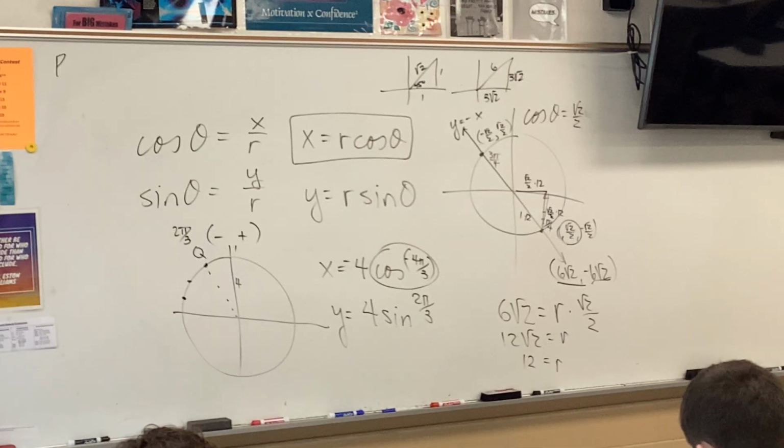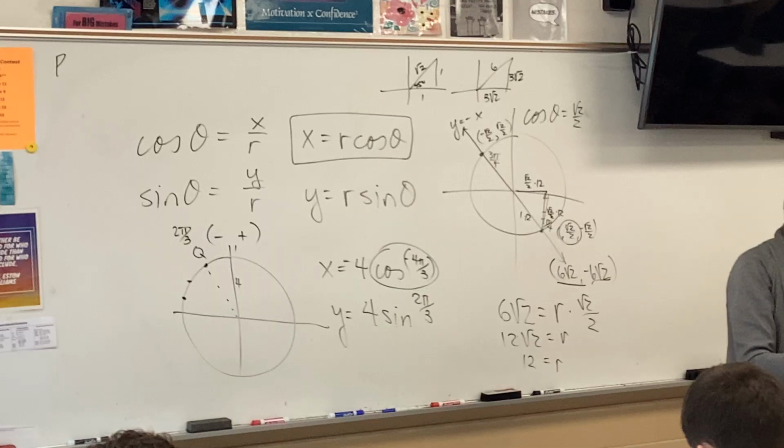Cosine pi over 2, that's straight up, right? Pi over 2. Cosine is 0. Guys, one more time. Cosine's x, sine's y. Figure out where you're at. Cosine's x, sine's y. So the sine of pi over 2 is 1.